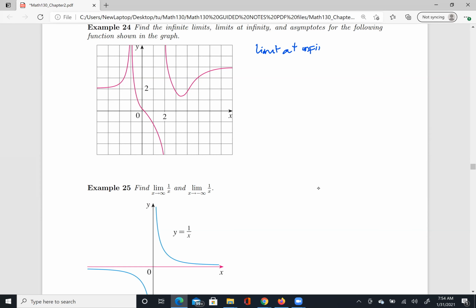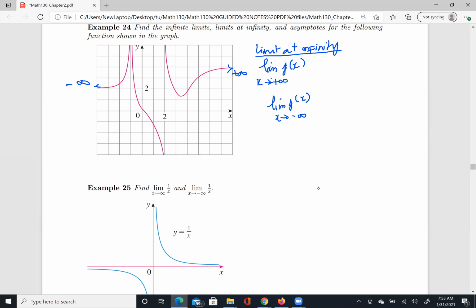If you want to find the limit at infinity, you're going to find two answers. One is when x goes to positive infinity, and the other is when x goes to negative infinity, right? So let's say the limit of f(x) when x goes to positive infinity, and the limit of f(x) when x goes to negative infinity.